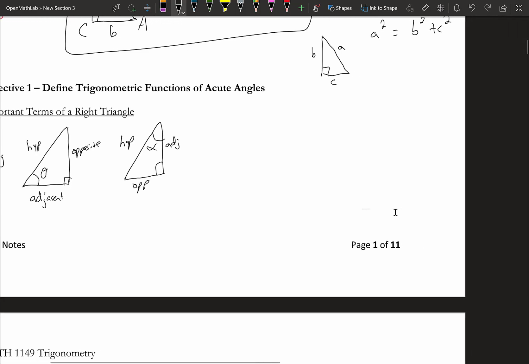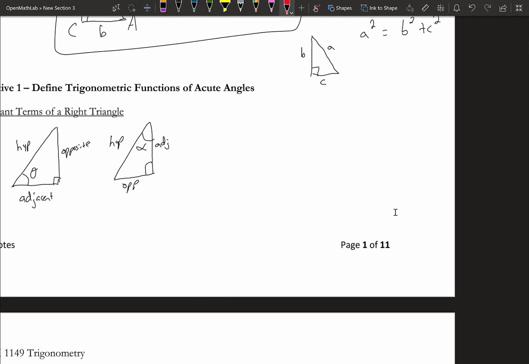All right. Something else that we can talk about. Consider the figure below. So this is an example.